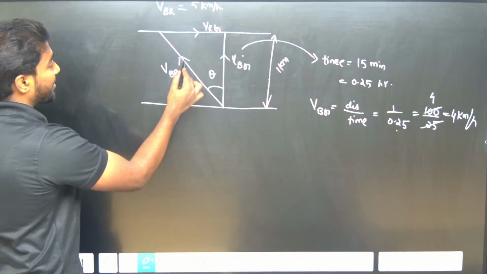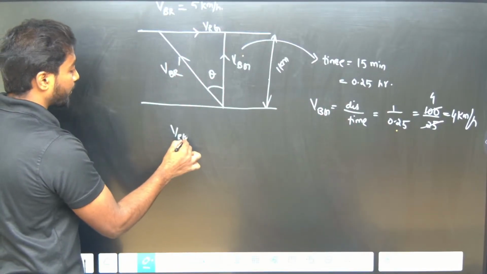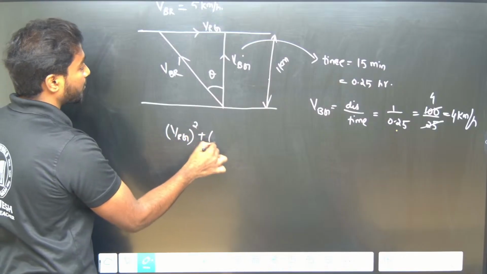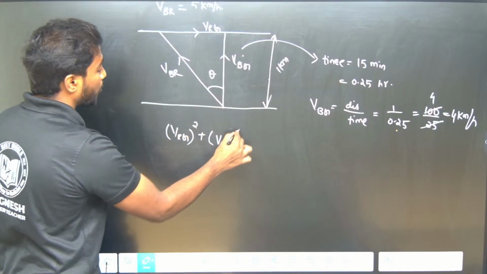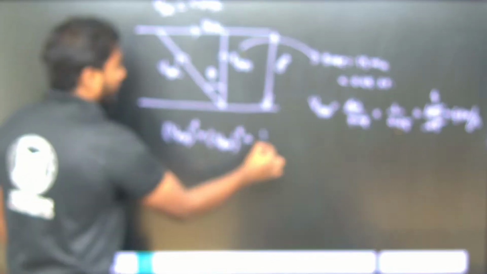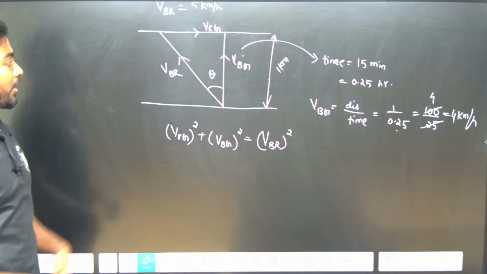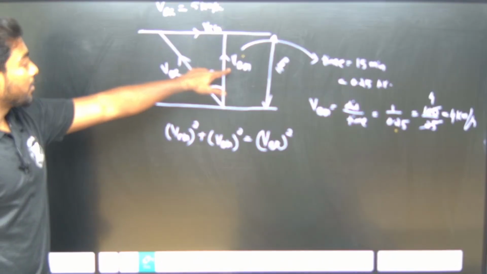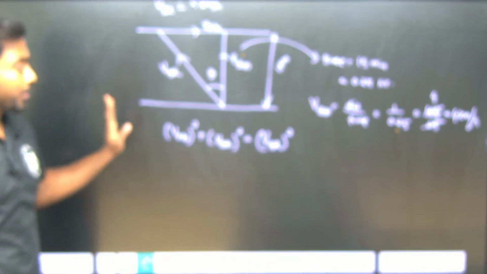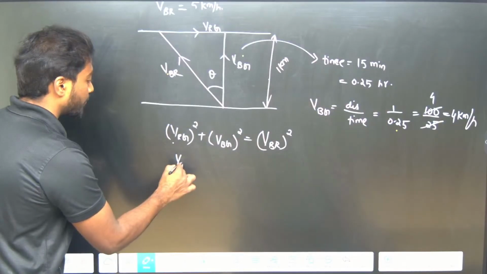So velocity of the river with respect to ground whole square plus velocity of the boat with respect to ground whole square will be equal to velocity of the boat with respect to river whole square, because I am using the Pythagoras theorem. a square plus b square equals c square, right? I need to find the velocity of the river with respect to ground, so I keep it as it is.